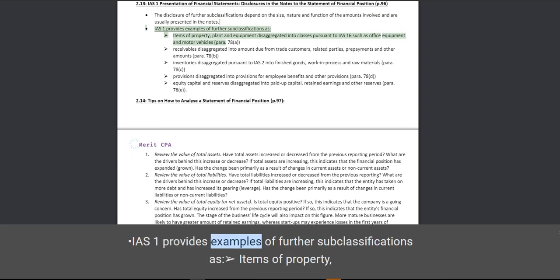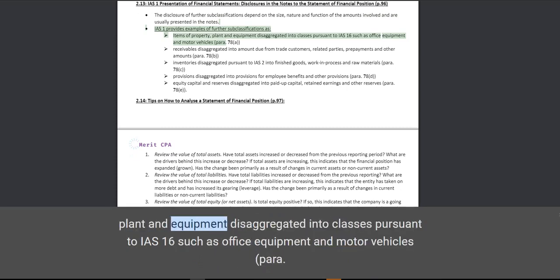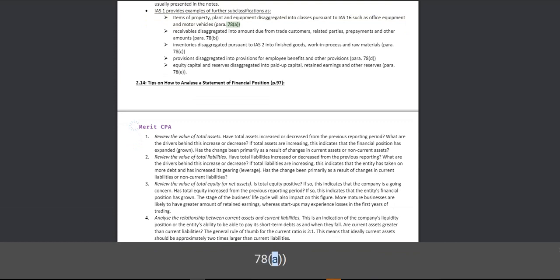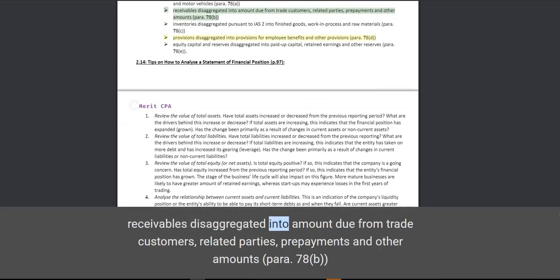IAS 1 provides examples of further subclassifications, such as items of property, plant and equipment disaggregated into classes pursuant to IAS 16, such as office equipment and motor vehicles. Para. 78a. Receivables disaggregated into amounts due from trade customers, related parties, prepayments and other amounts. Para. 78b.